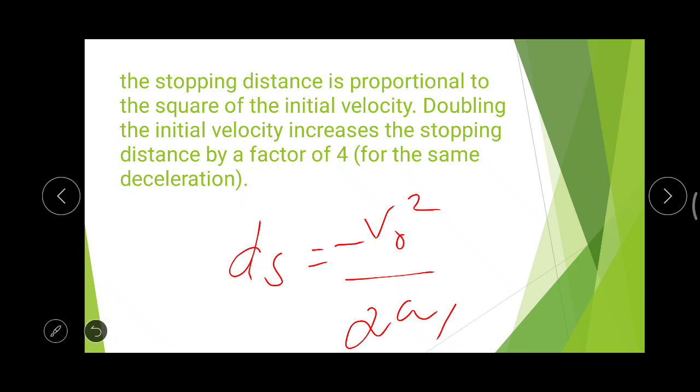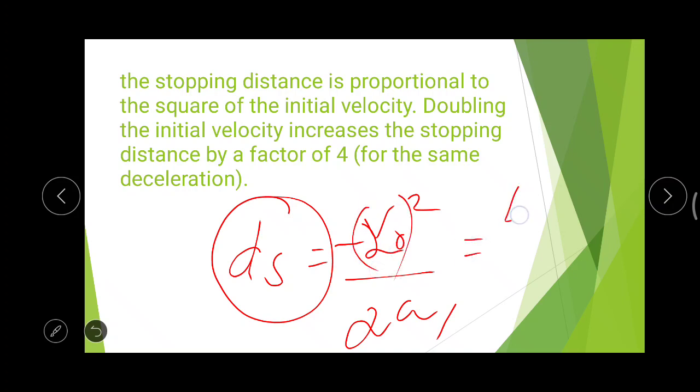Then the stopping distance will become 4 times more than the initial case. It means 2v0 the whole square will be equal to 4v0 square by 2a.